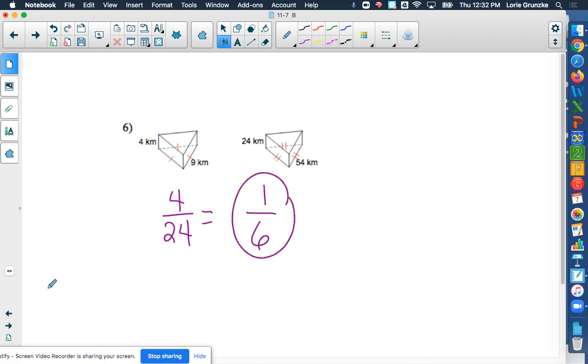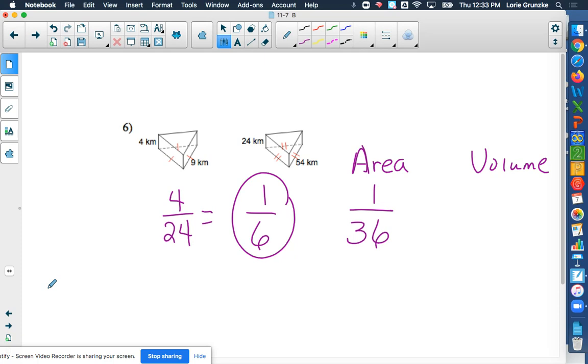I like to circle the scale factor because that's the important one. Now I want to go to the area and then eventually the volume. So to go to area, I know I have to square it. 1 times 1, 1. 6 times 6, 36. You're done. That's the scale factor of the area.